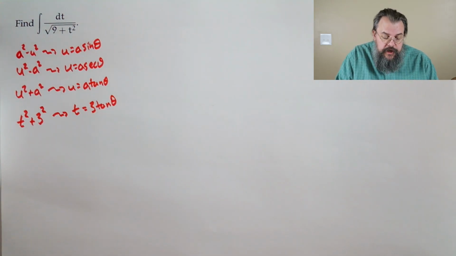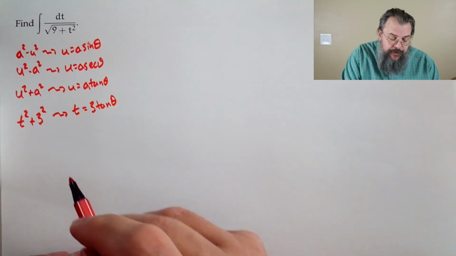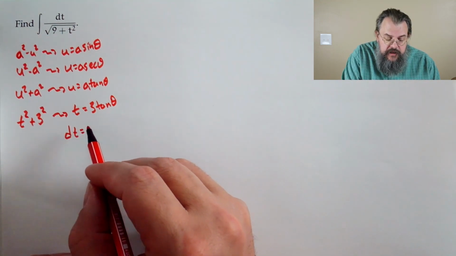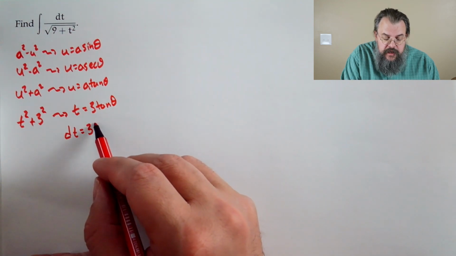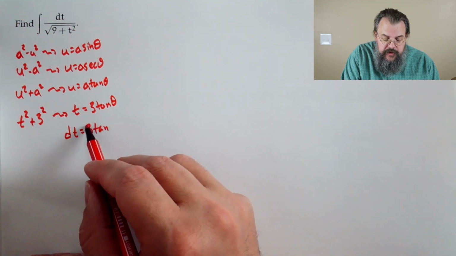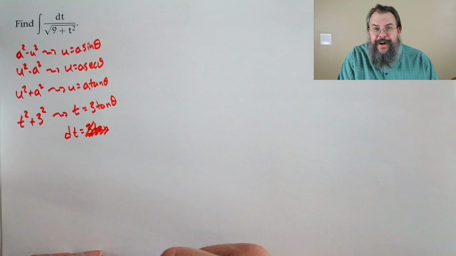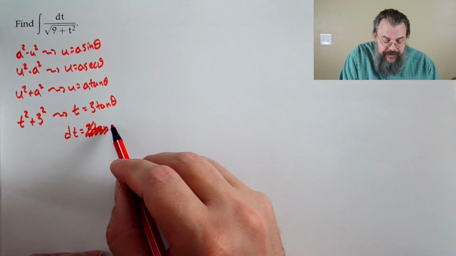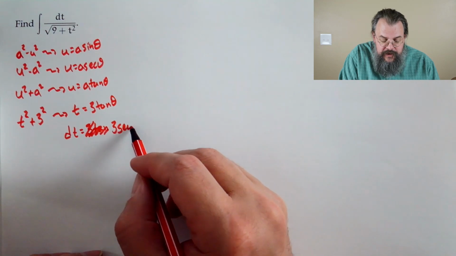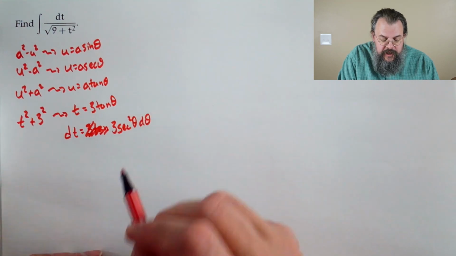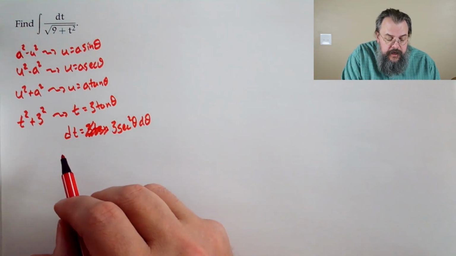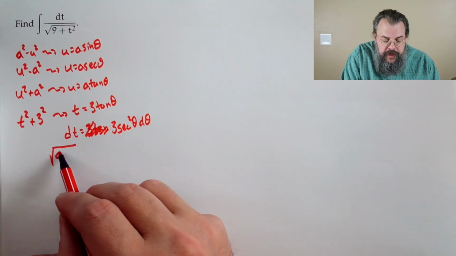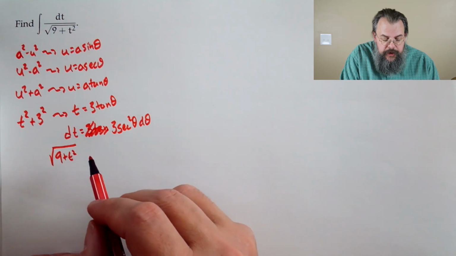All right, wonderful. So what does that become? Well, it tells us that dt is equal to 3 tangent, almost made the wrong derivative. Derivative of tangent is secant squared. 3 secant squared theta d theta. Okay, good. And let's also talk about the square root of 9 plus t squared, because that's important to know.